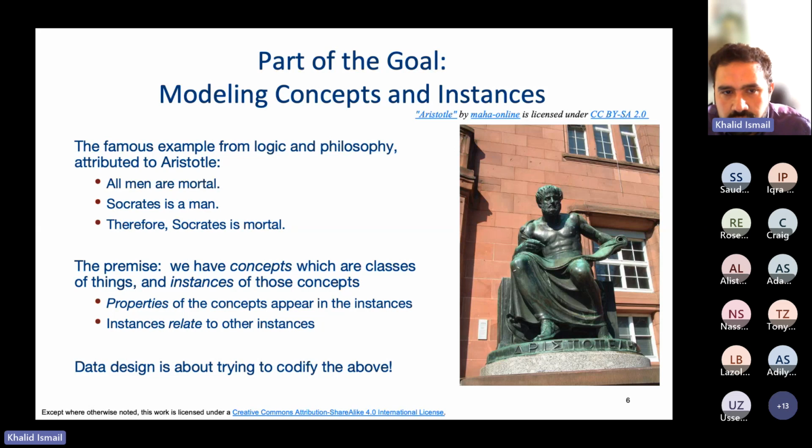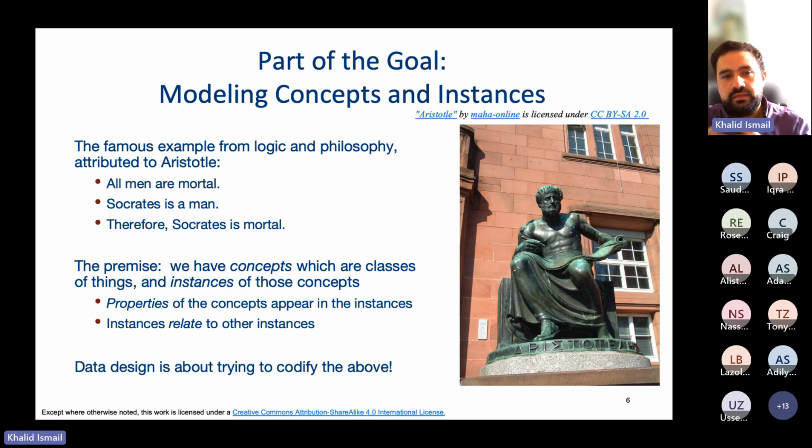The famous example from logic and philosophy, attributed to Aristotle, is that all men are mortal, and Socrates is a man, therefore Socrates is mortal.